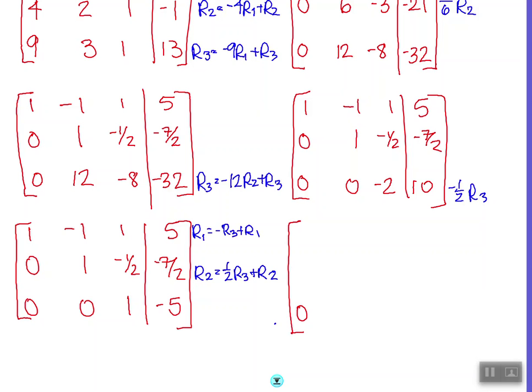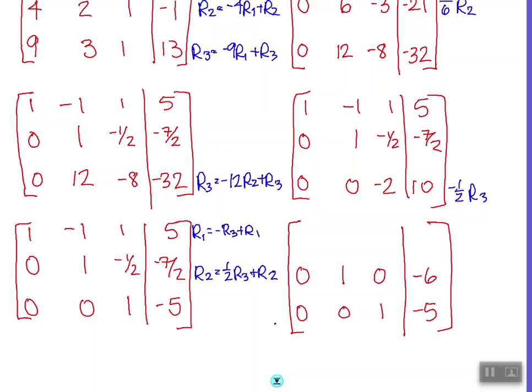So the third row stays the same. If I multiply the third row by 1/2 and add that to the second row, I get 0 plus 0 is 0, 0 plus 1 is 1, 1/2 plus negative 1/2 is 0, and negative 5/2 plus negative 7/2 is negative 6.